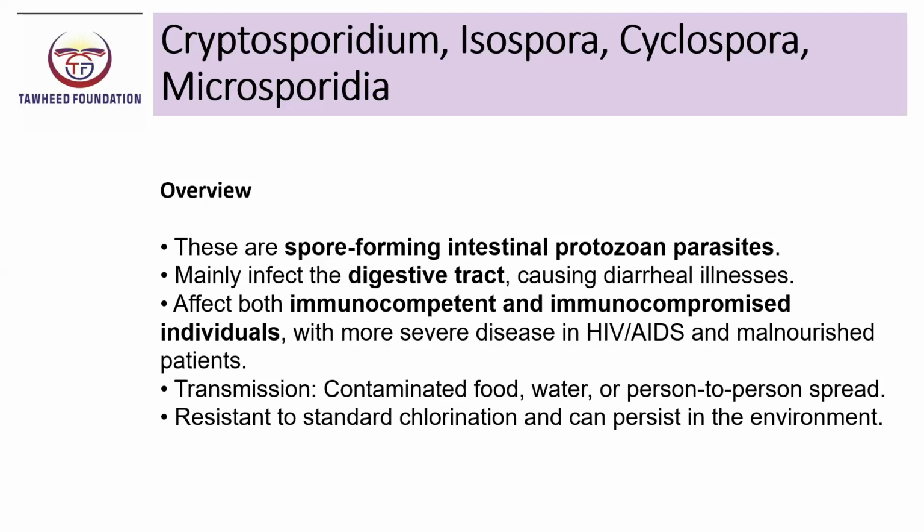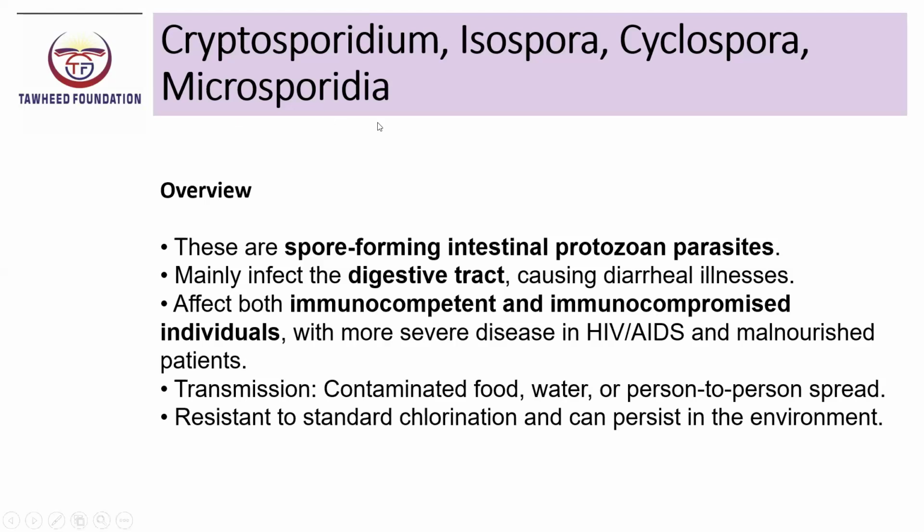So the spore-forming intestinal protozoa, that is Cryptosporidium, Isospora and Cyclospora, all these are important intestinal pathogens in both healthy and underlying health issue patients. They are coccidian parasites that predominantly infect the epithelial cells lining the digestive tract.